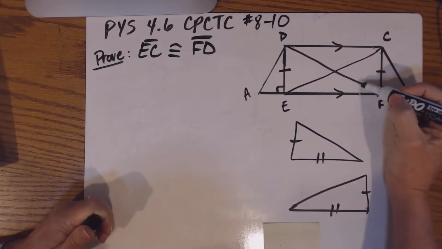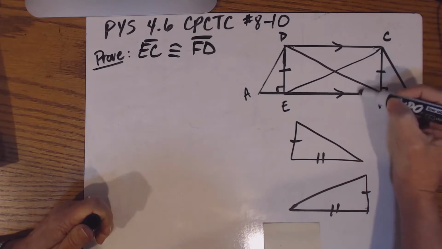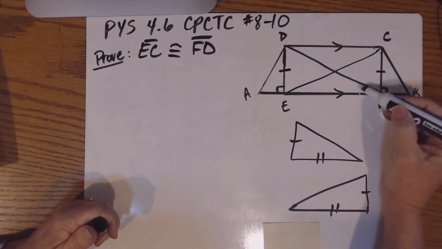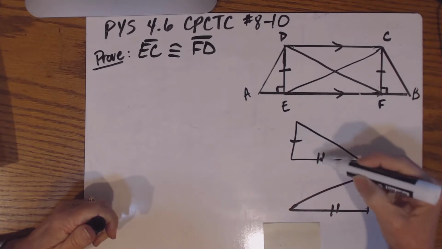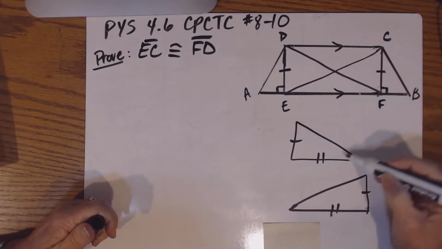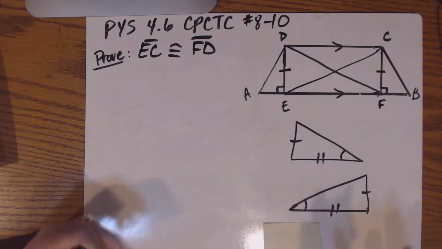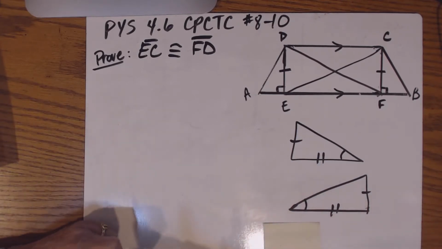If you notice, I could say this is congruent to this by alternate interior angles. That would not help me though, because that would be a side-side angle. And if I mark those, I have a side-side angle. That's a donkey. Okay, that's not going to work.